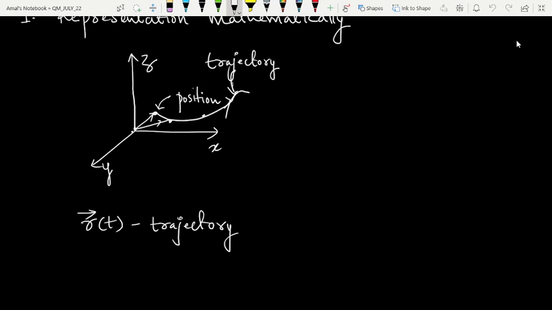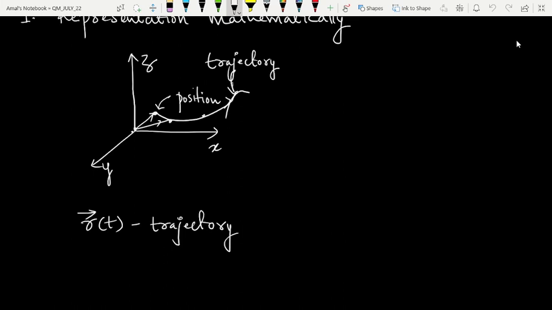We realized that in inertial frames, a particle moving with uniform velocity is equivalent to a particle at rest. So dv by dt, the change of velocity with respect to time, is the important quantity, not the change of position with respect to time.